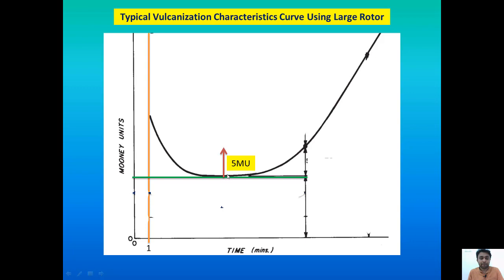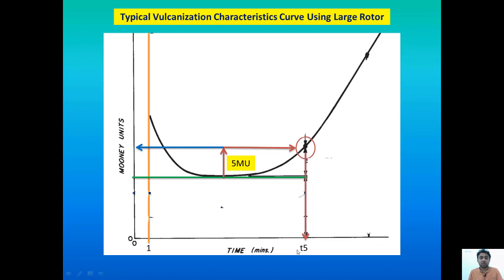Then we come to this point and go to the curve here, and we can mark this point. When we come down from this point to the x-axis, we will take that value called T5.